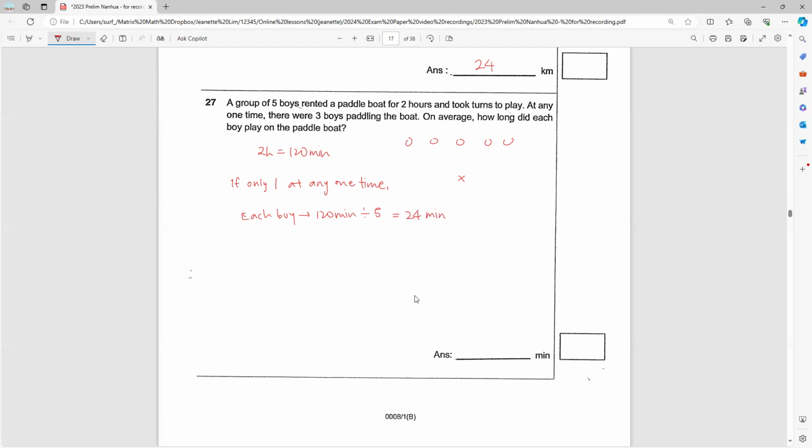But they said that you can have 3 boys paddling at the same time. So when you have 3 spots, each person's chance to play is tripled.